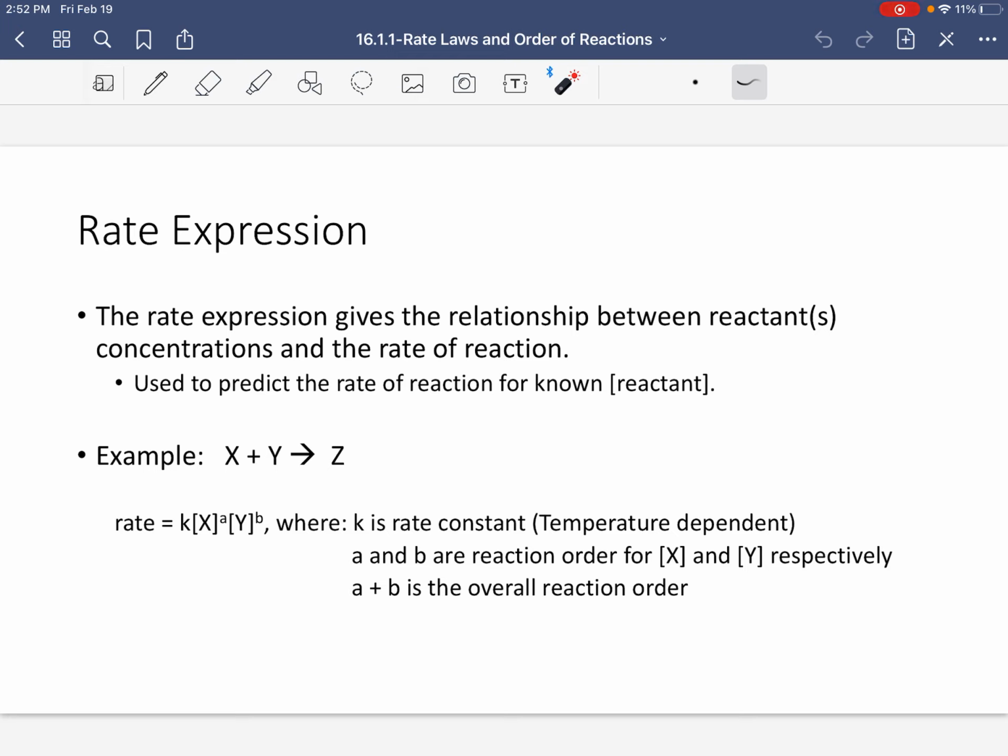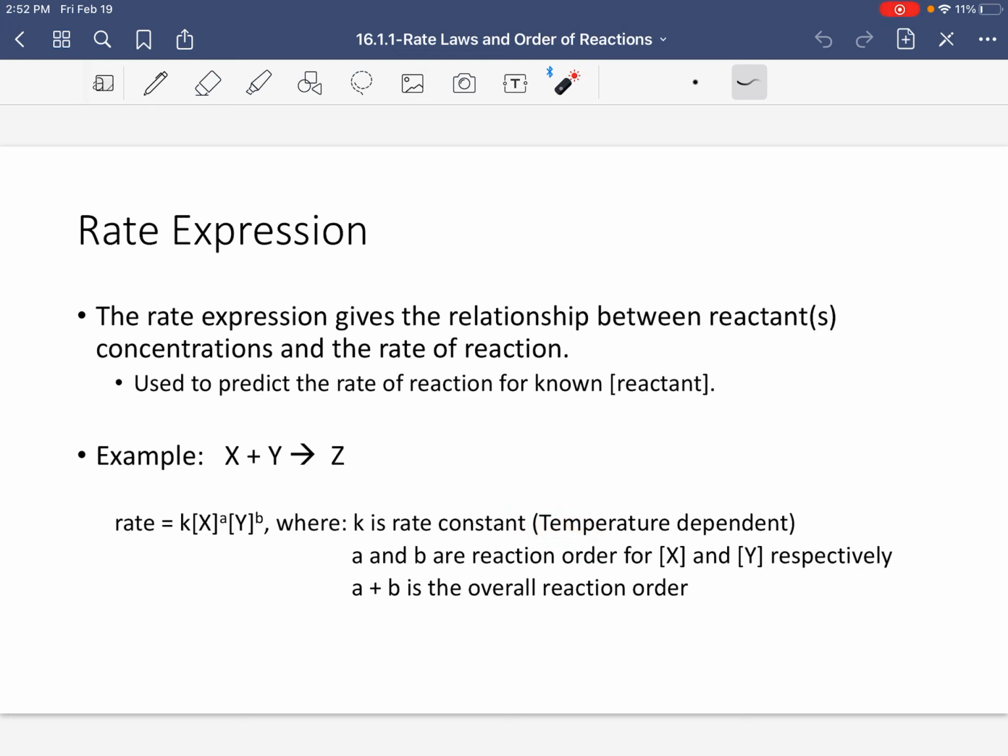Now, there's also this expression right here, which is called the rate law expression, and it is very, very simple. The rate of any reaction, the speed of any reaction, is equal to some sort of rate constant. This rate constant is dependent on a certain temperature.